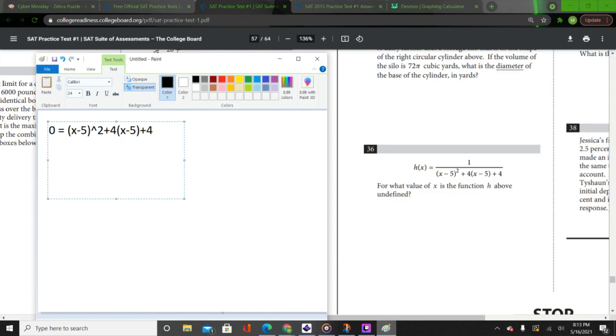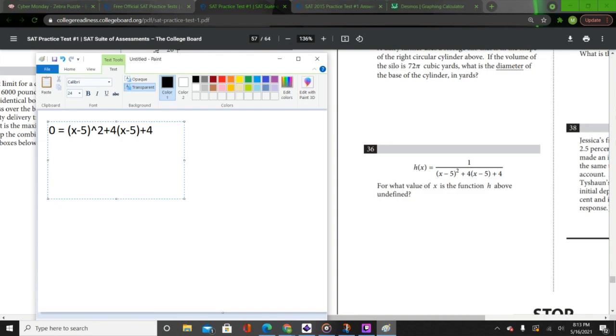Now you'd expect 2 answers because it's a parabola, but actually there's only 1 answer, which means it's at the vertex, which you'd have to solve for anyway.